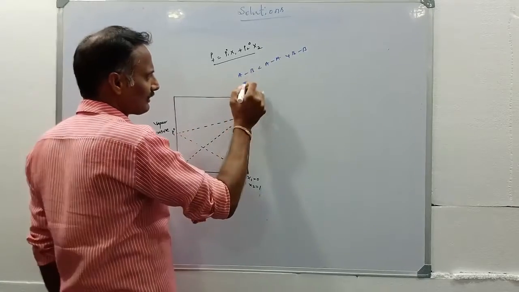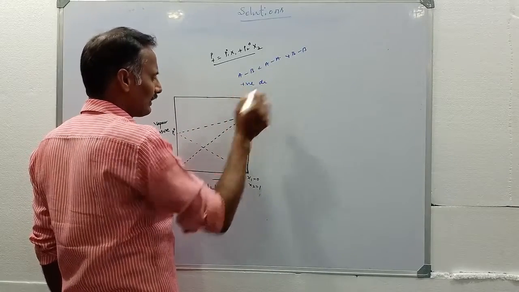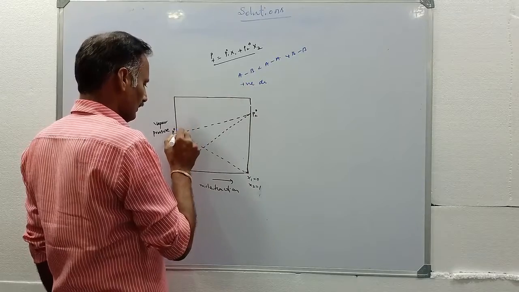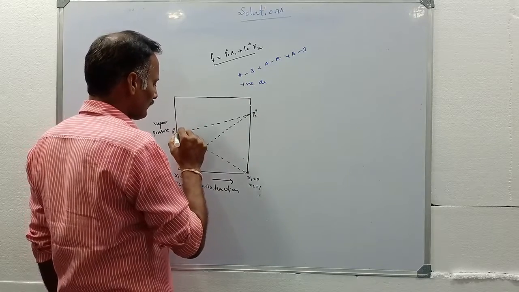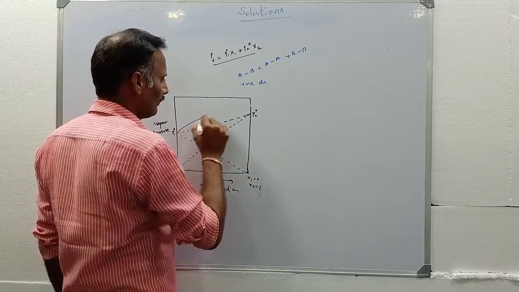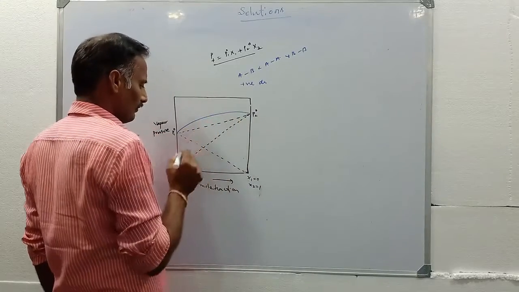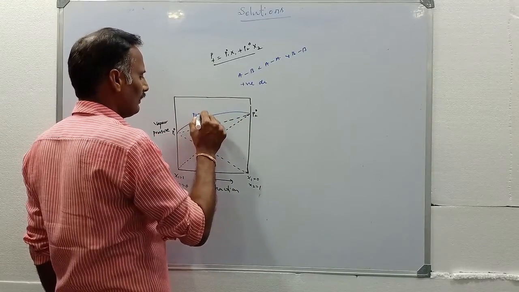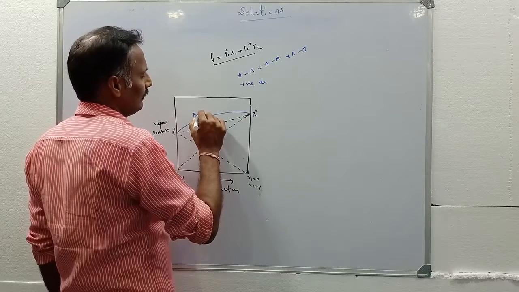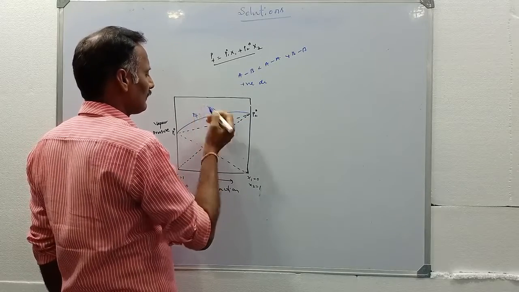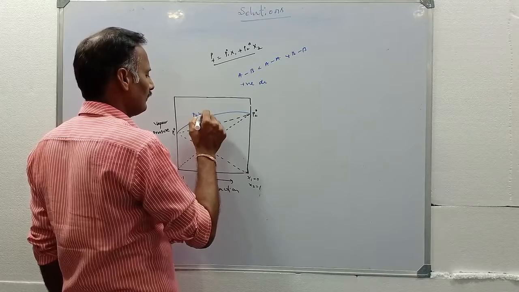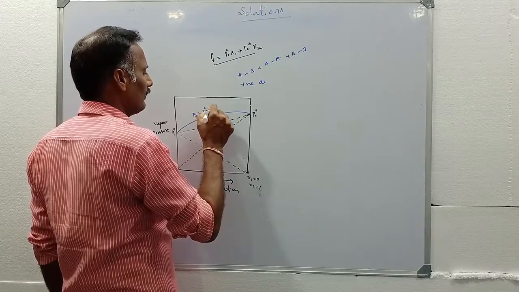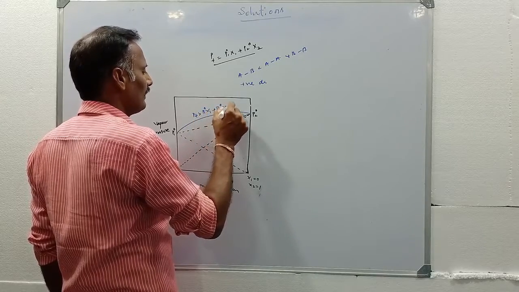For this type of solution, the graph becomes like this. This is P total, and P total is greater than P1 naught x1 plus P2 naught x2.